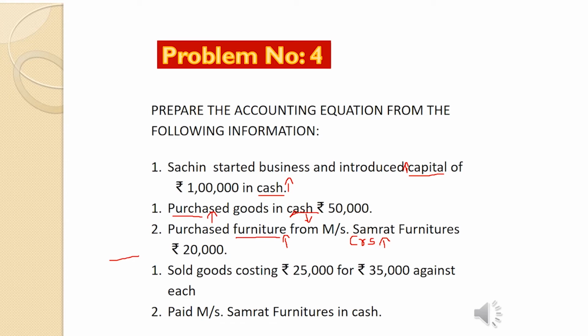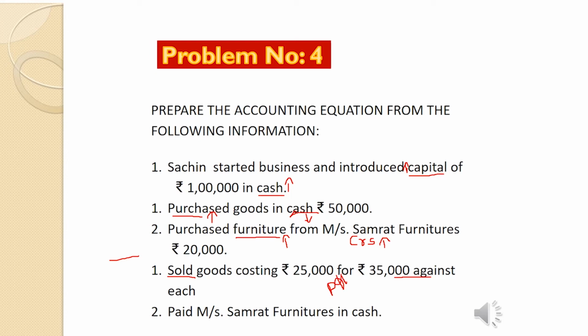Then sold goods costing rupees 25,000. That is sales. So the goods worth 25,000 were sold for 35,000. So here profit is 10,000.